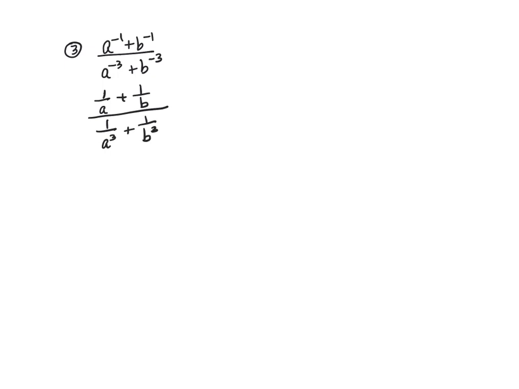And if we take a look at all the denominators that we have here, a, b, a cubed, b cubed, the least common denominator is a cubed b cubed. So when we distribute, these expressions should go in the numerators of each of the little fractions.